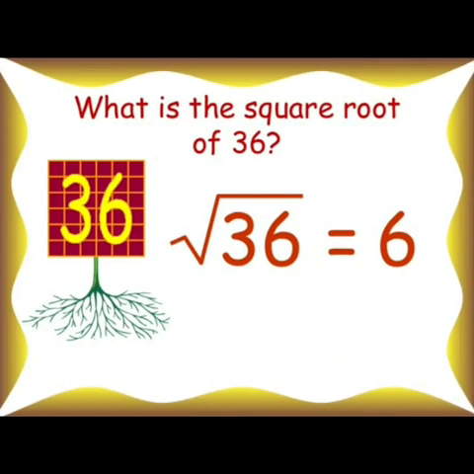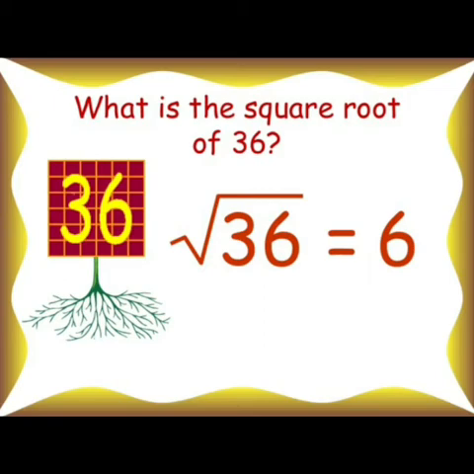What is the square root of 36? Again, see that 36 number: 1, 2, 3, 4, 5, 6 squares, and this side is also 6. So all the sides are equal, 6 units, whether it is length or width.